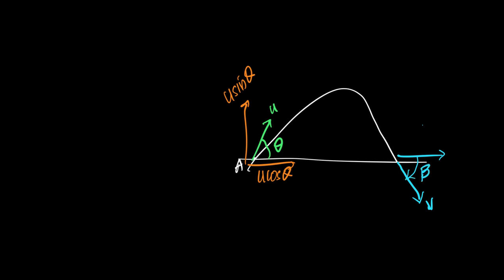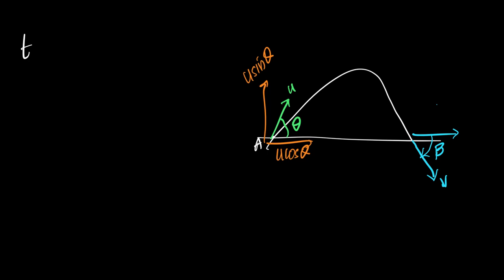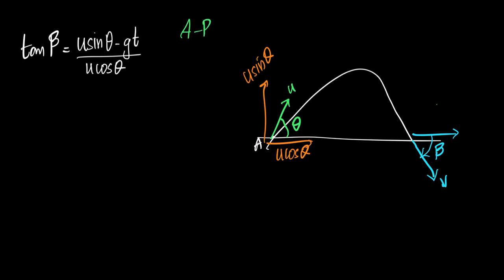Okay, so we know by equation that at any point in the trajectory of the projectile, we can say that tan beta is equal to u sine theta minus gt, the whole upon u cos theta. But again, for the motion from A to B, t is equal to the time of flight.